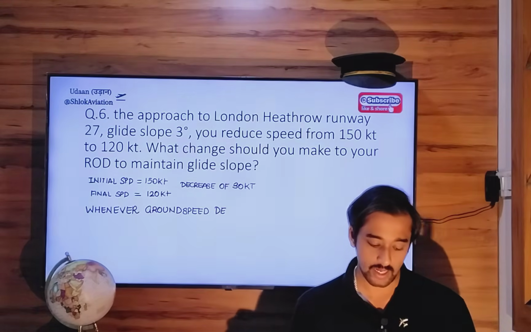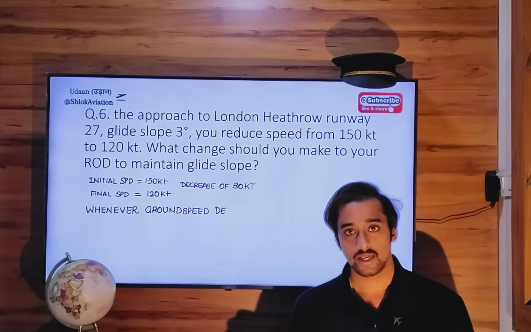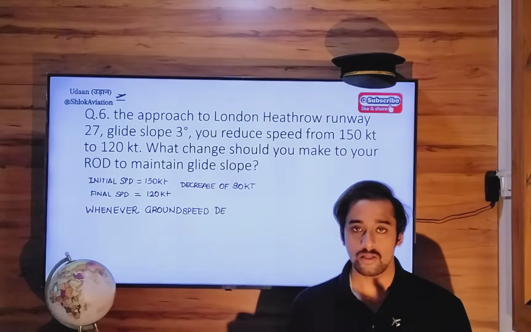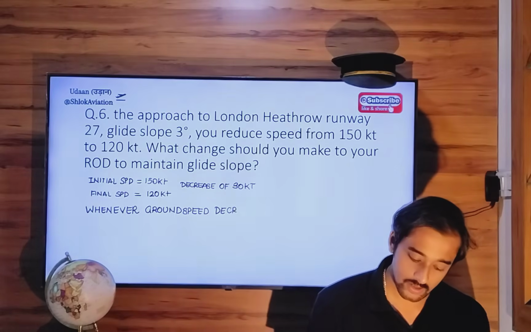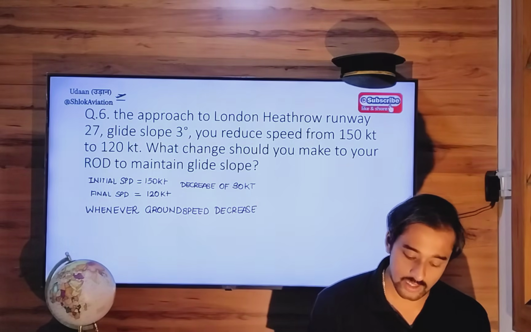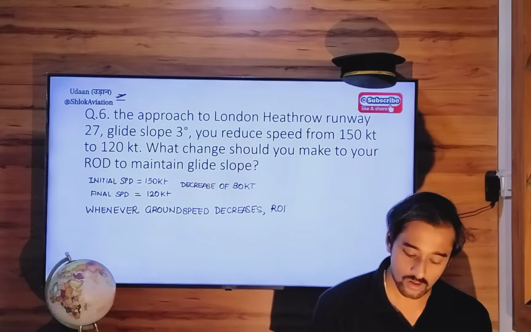So ground speed can decrease in two conditions: increase in headwind strength, or the pilot decreasing his ground speed. Whenever ground speed decreases, the rate of descent will increase.